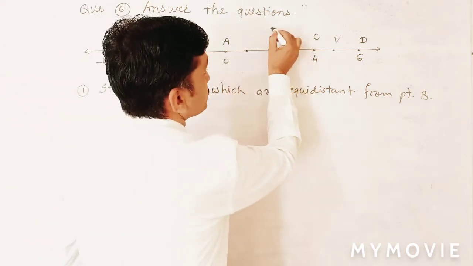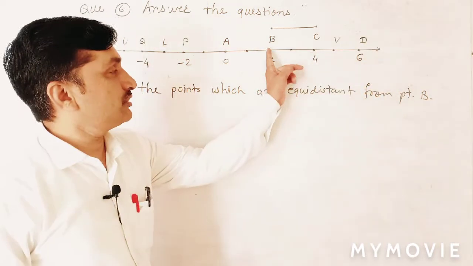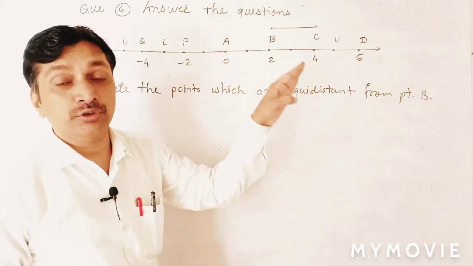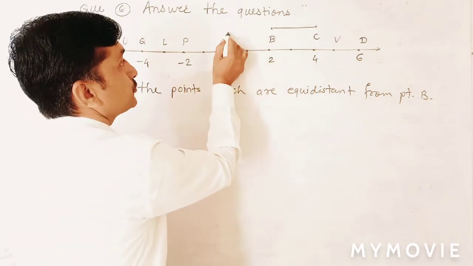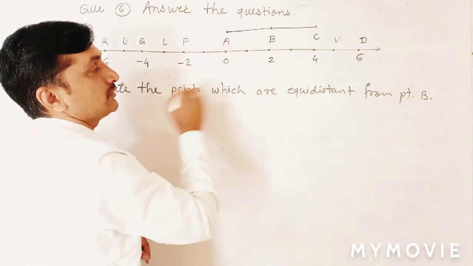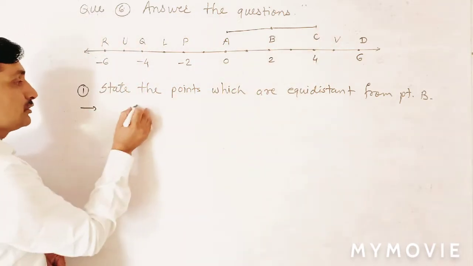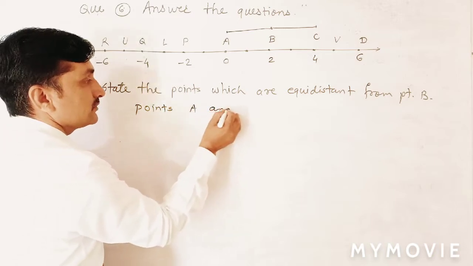If we take first the C point, 2 units to the right from B, therefore which point is 2 units on the left side? That is A. Therefore A and C are equidistant. The answer we can write: points A and C.